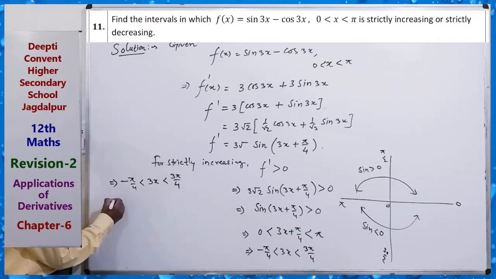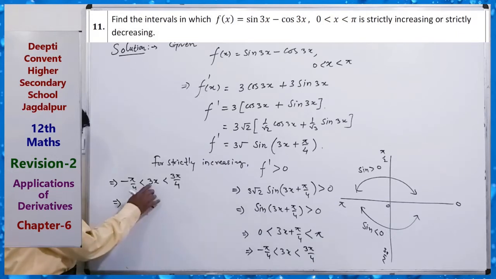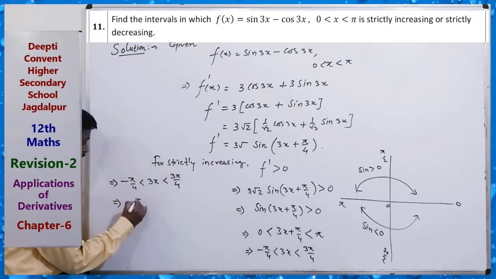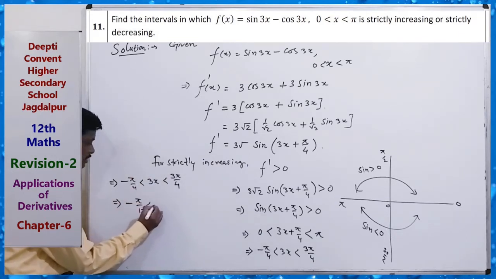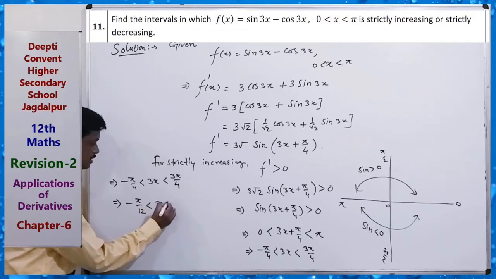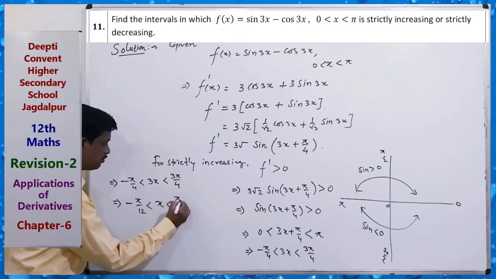Clear? Now divide by 3, here 3, here 3, here 3 also. So minus pi by 12 is less than x, which is less than pi by 4.